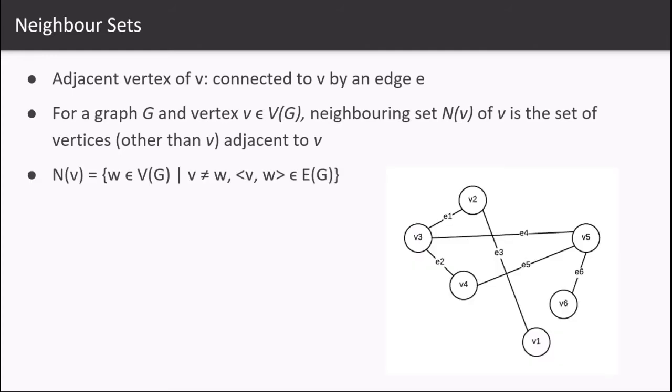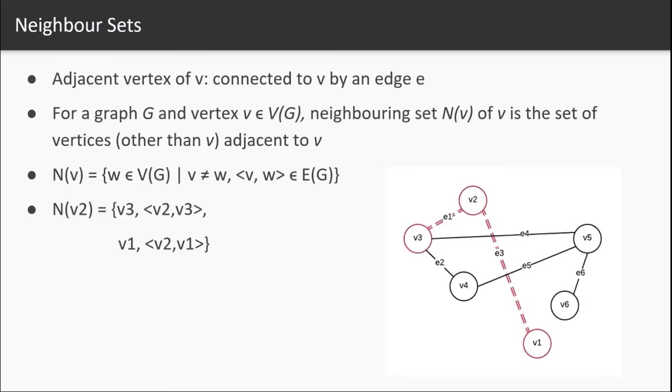As an example, looking at the neighbor set of vertex v2, we have v3 and v1 adjacent to it. Hence, the neighbor set of v2 is v3 and v1, which is also a subset of graph G. We will study subsets later in this video.